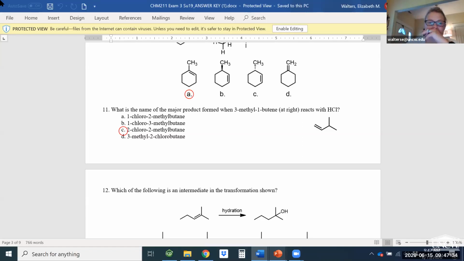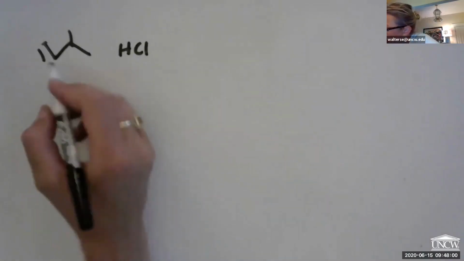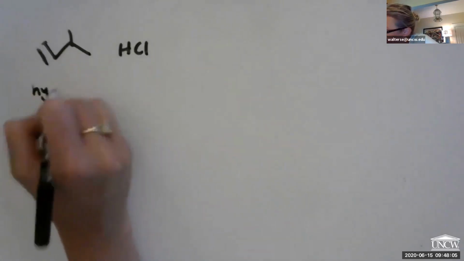All right, let me just write the reaction down and go back to my screen. All right. So in this case, HCl, this is a hydrohalogenation.